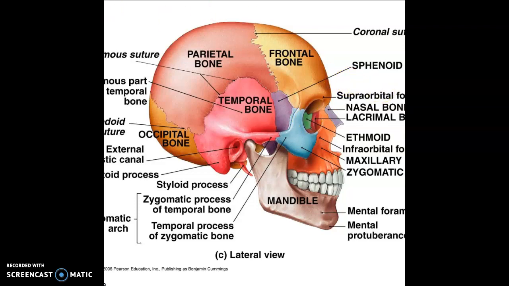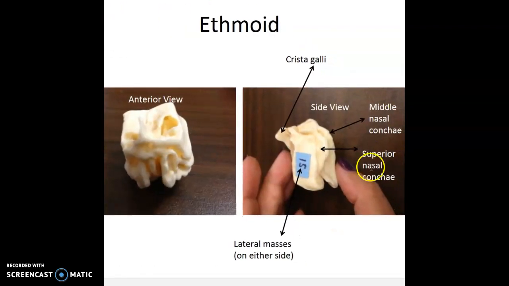Okay, so here, even though this would be looking through the nose, if the eyes were right around here looking upward and we were looking through the nose in this direction, then this would be in the orbital area. So this flat, broad area right here is the lateral mass.